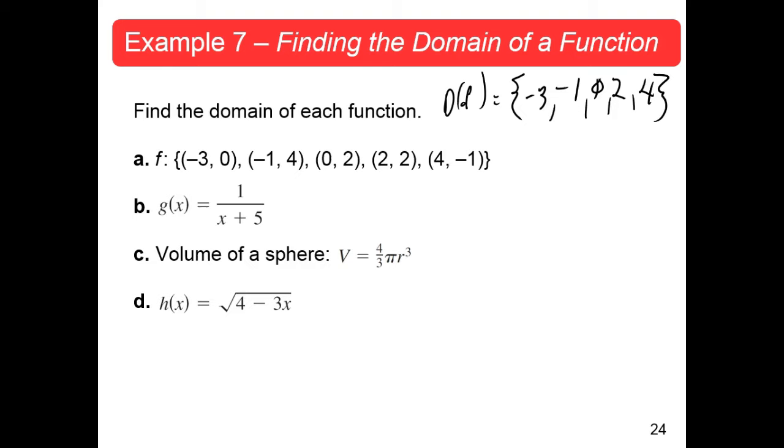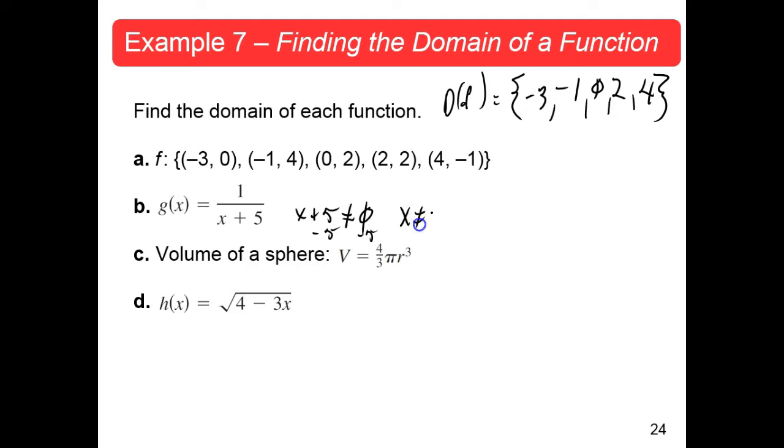You can't divide by 0, or you can't take the square root of a negative number. I don't see any square roots here, but I do see my variable in a denominator, means division. So what can I say here? This denominator, x plus 5, cannot equal 0. You can't divide by 0. And then solve that, and what do you get?